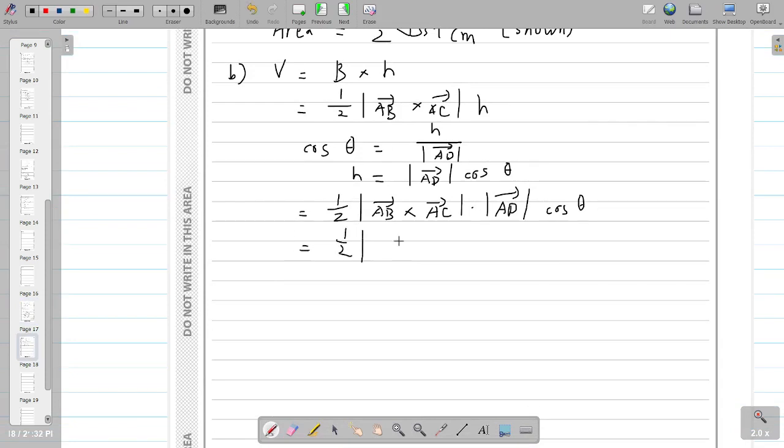So it's the magnitude now of AB cross AC and then dotted with AD. Right, so that is the formula of the volume of the entire shape. So first off, we need to find what AB cross AC and what AD are. So let's quickly find out what AB, AC, and AD are.